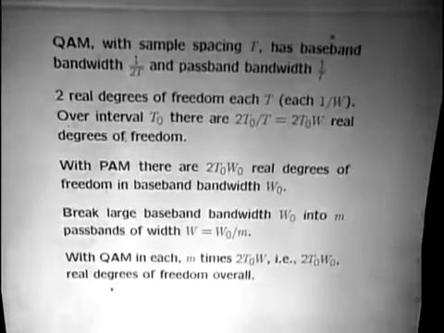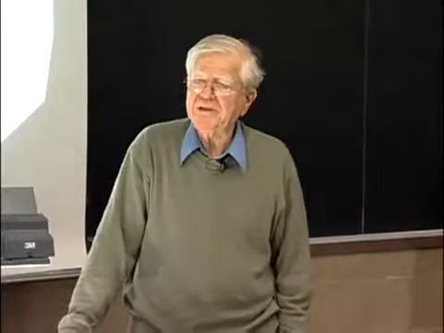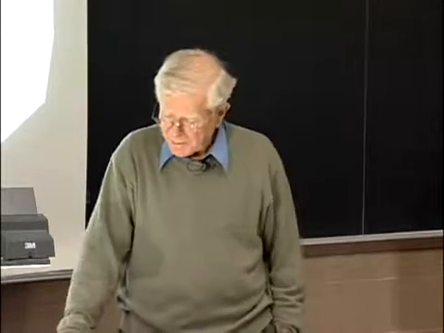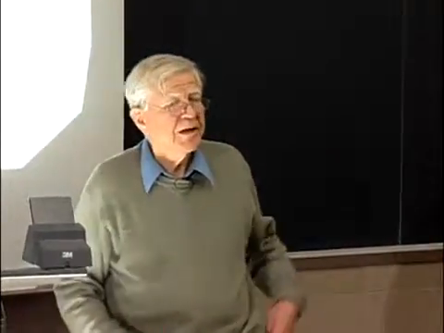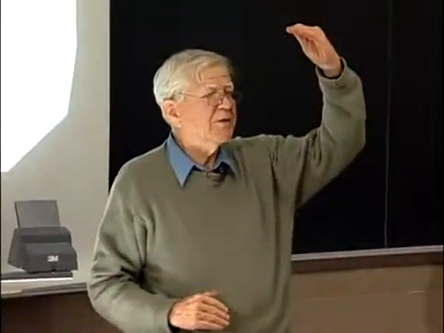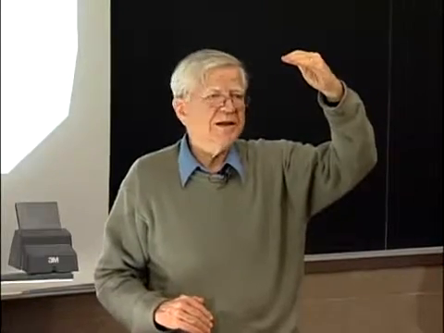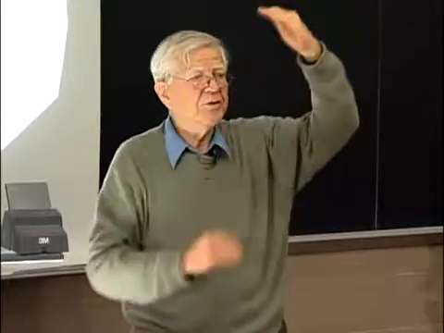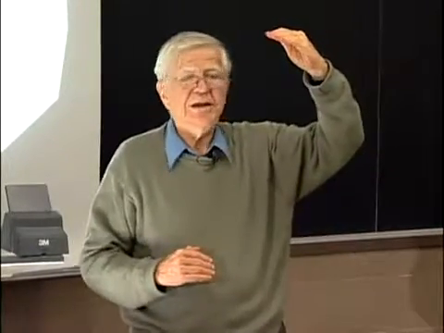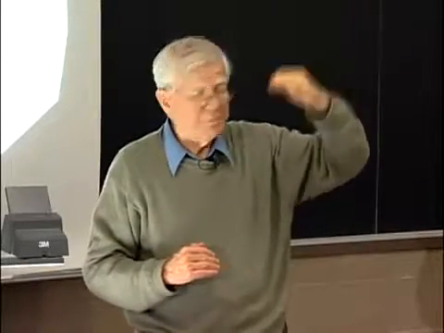What I want to do now to show you that actually nothing is being lost and nothing is being gained is to look at a baseband system where you use pulse amplitude modulation, but in fact you use a humongously wide bandwidth to do this. So it becomes something like these ultra-wideband systems that people are talking about now. You use this very, very wide bandwidth, and you see how many signals you can pack into it using PAM.